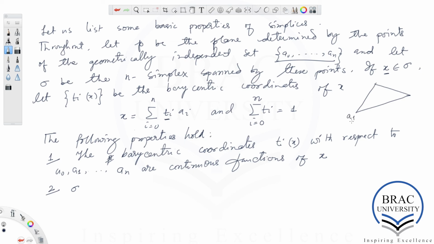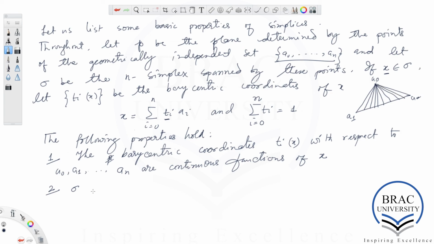So we had these 2 points A1 and A2, and we have the vertex A0 opposite to this line segment A1, A2, and there were these lines that fill up this triangular region.